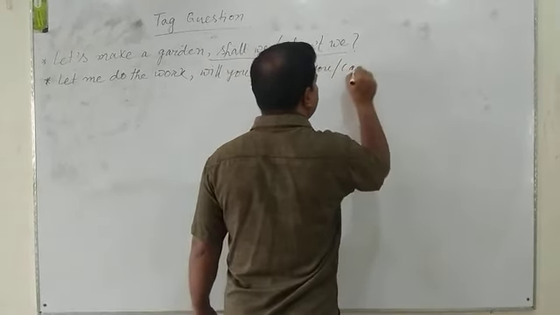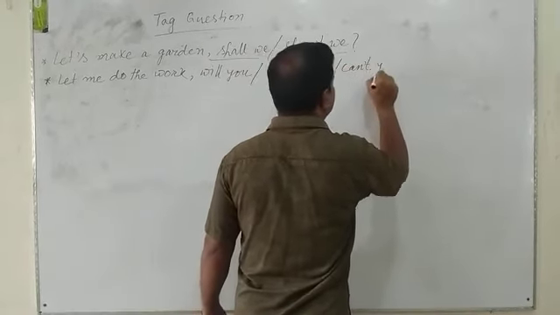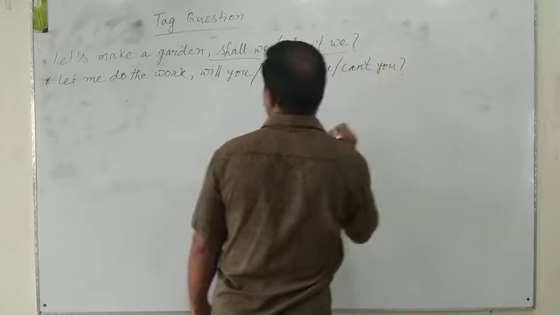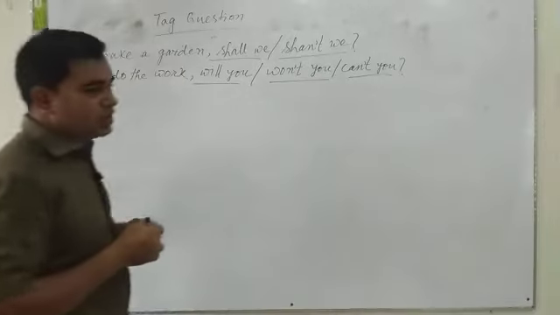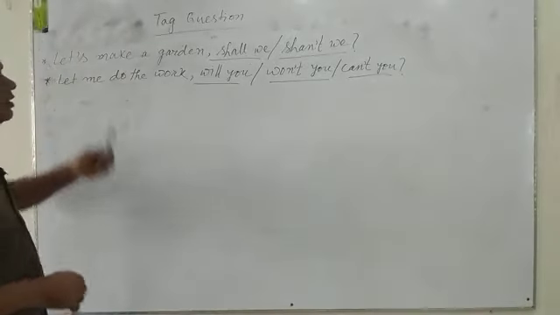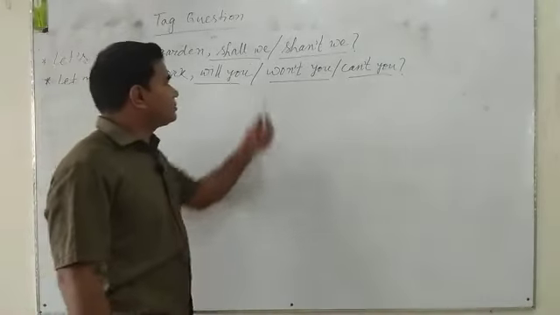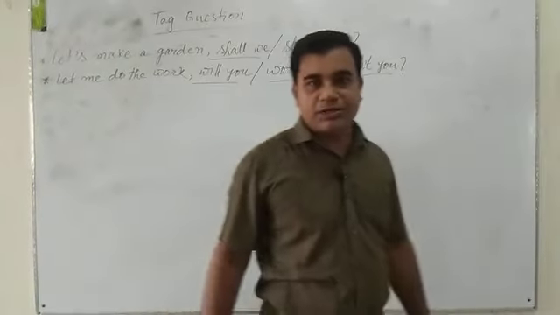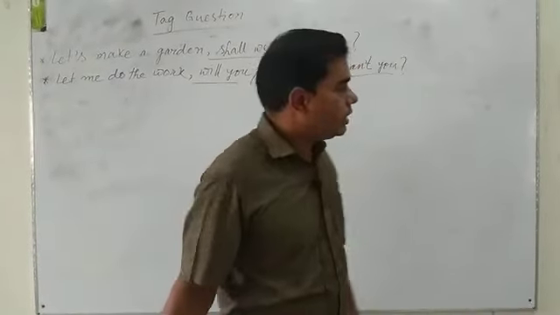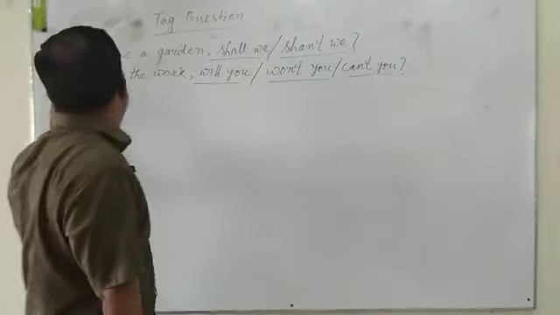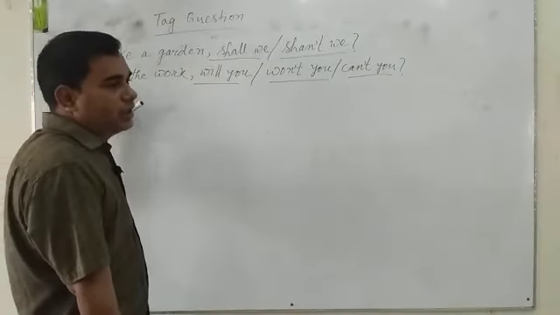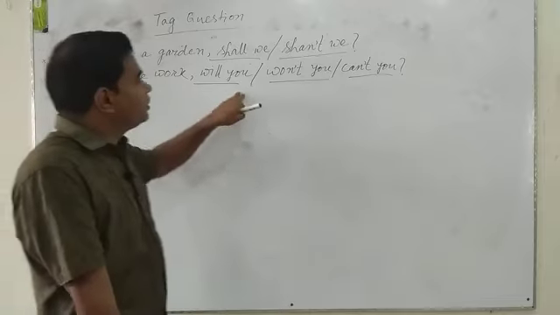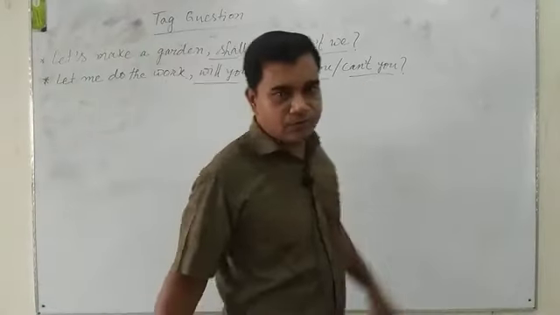Or can't you? Anyone will do. If the sentence starts with let us or let's, we are to use shall we or shan't we as the tag question. And if the sentence starts with let me, let him, let them, let her, we are to use will you, won't you, can't you.